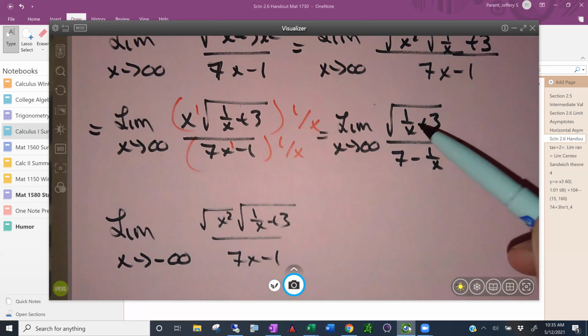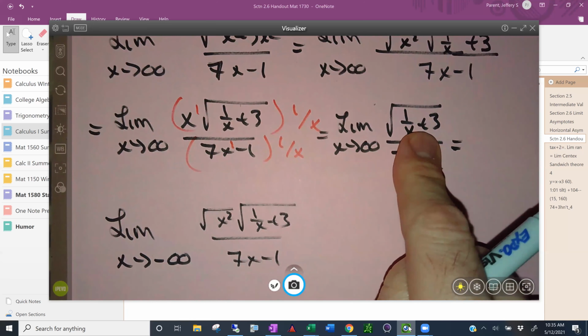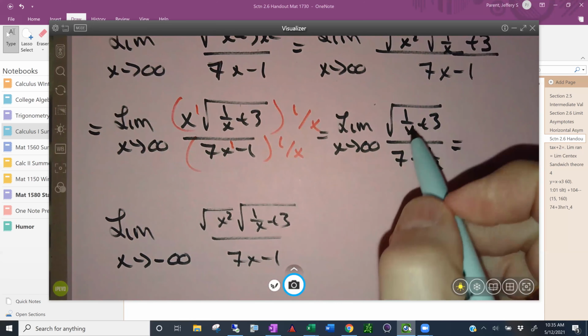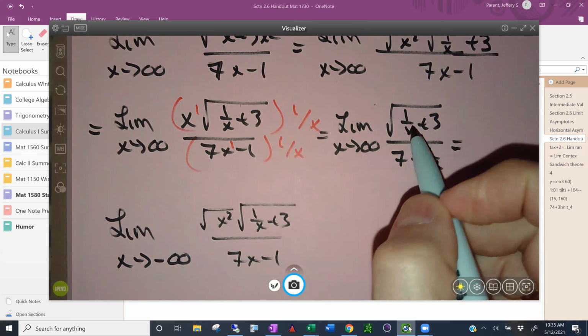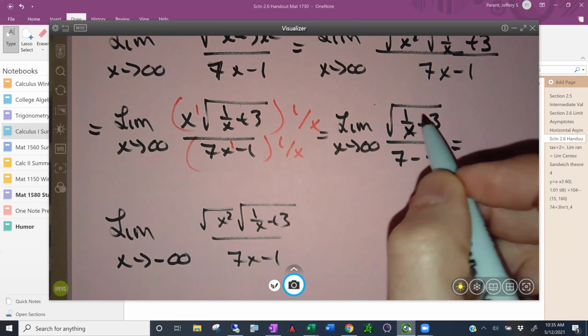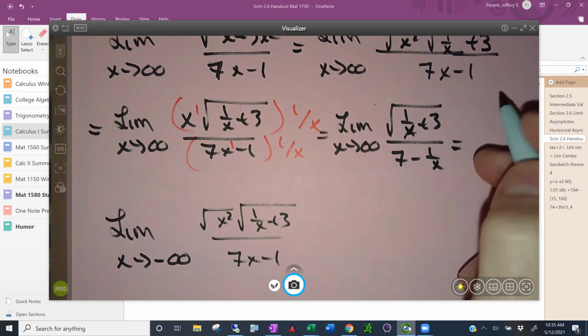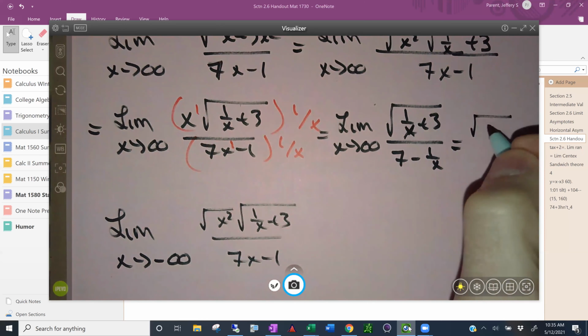Let's think about this limit. You can actually take this inside this square root. The limit as x approaches infinity of 1 over x plus 3. What's going to happen to the 1 over x term? 0.